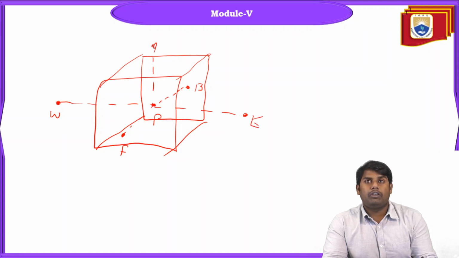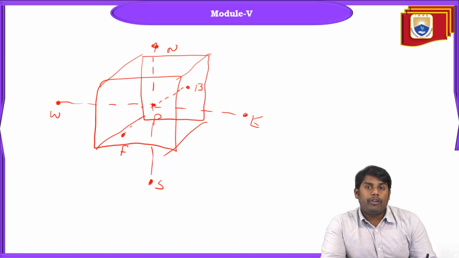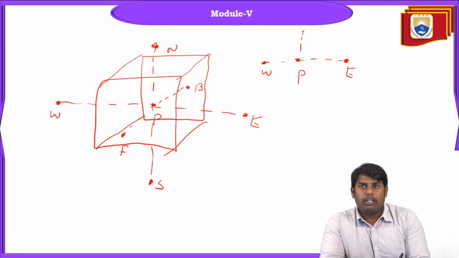At the top you have north, at the bottom you have south. So P is surrounded by these. We'll draw here roughly: P with the west node, P with the east node, here you have north, here you have south. This is the point of interest P.